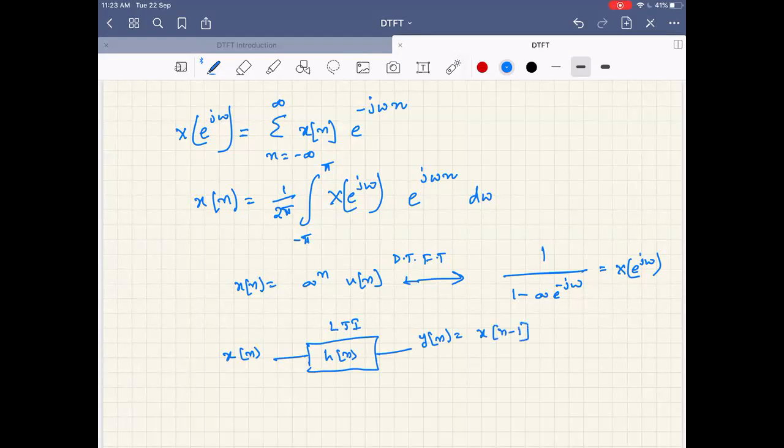This is a simple system. What is the role of the system now? The role of the system is to shift the input by 1 unit, that's all, or n naught units you can consider in general.